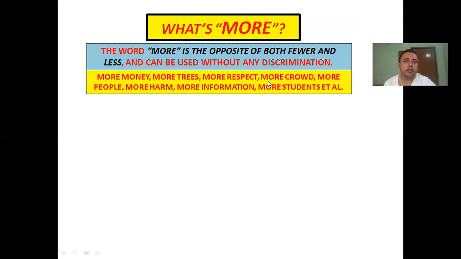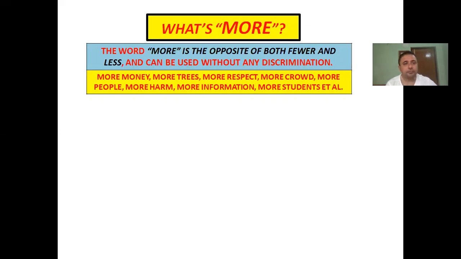What more? Okay, let's talk about the word more now. More is also a word you use to compare things. The word more is the opposite of both fewer and less. Interesting. It's the opposite of both and can be used without any discrimination whatsoever. That is, you don't have to think about countable or uncountable nouns when you are talking about more.